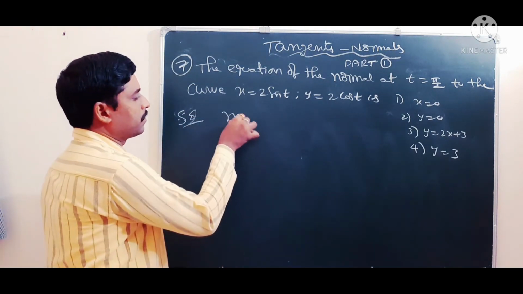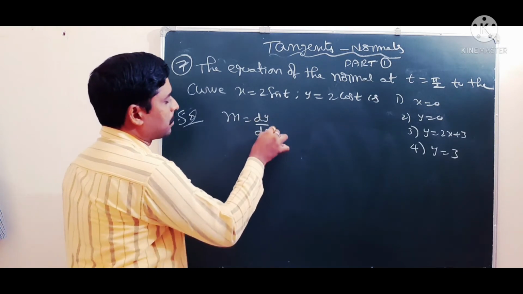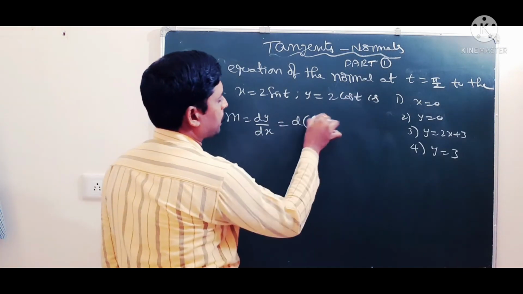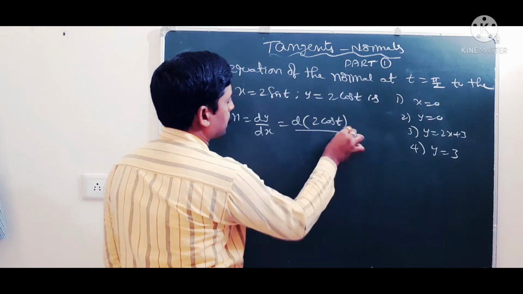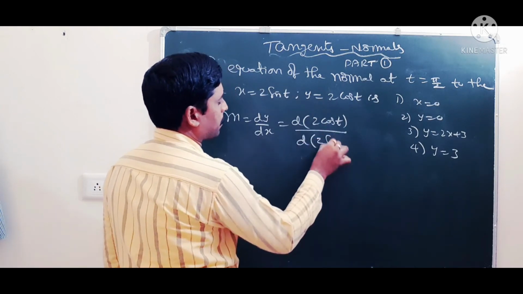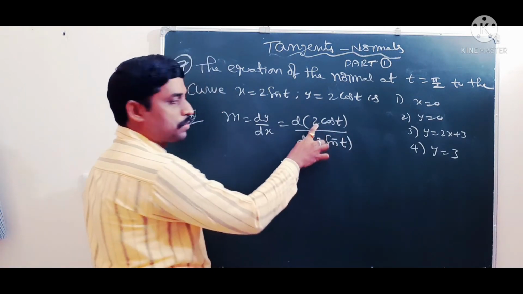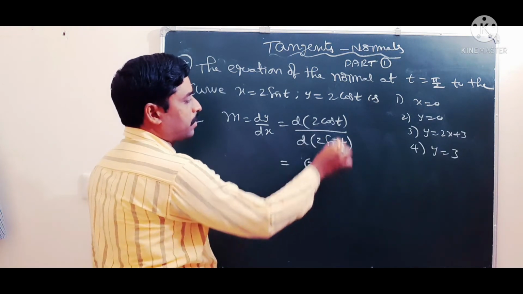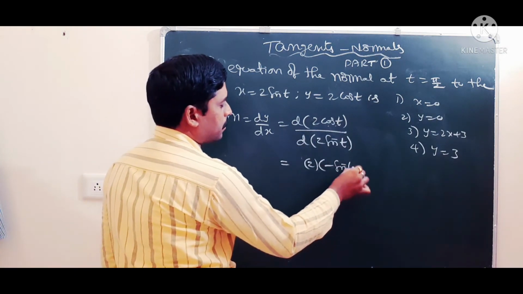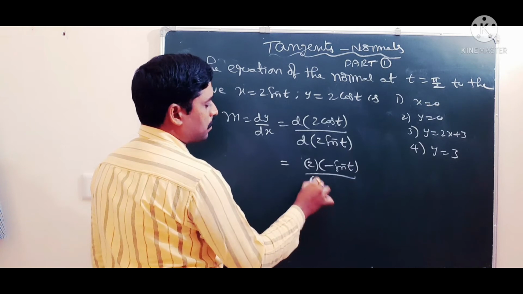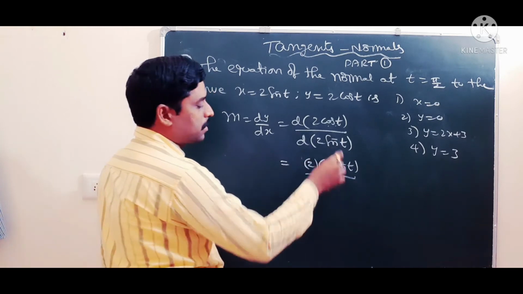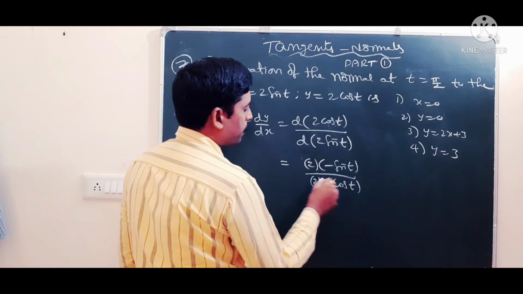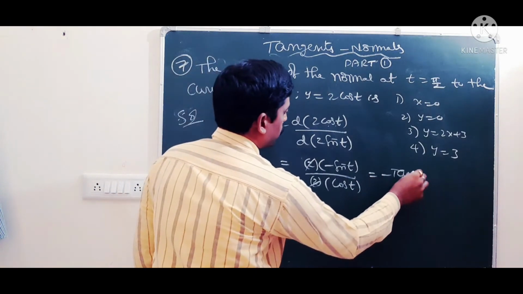So m is equal to dy by dx. The derivative of y, given 2 cos t, over the derivative of x, given 2 sin t. In the numerator, 2 is constant, the differentiation of cos t is minus sin t; in the denominator, 2 is constant, the differentiation of sin t is cos t. This will be minus tan t.